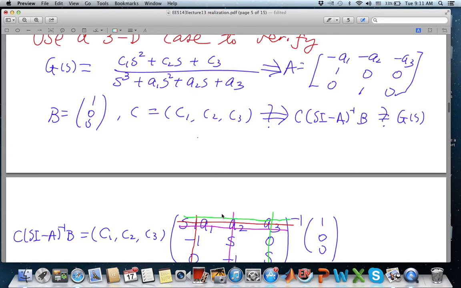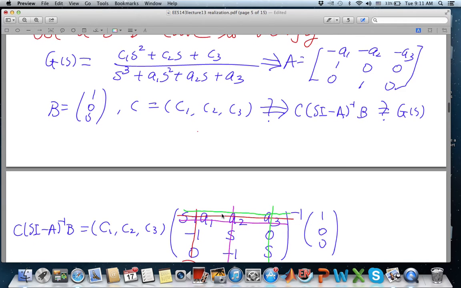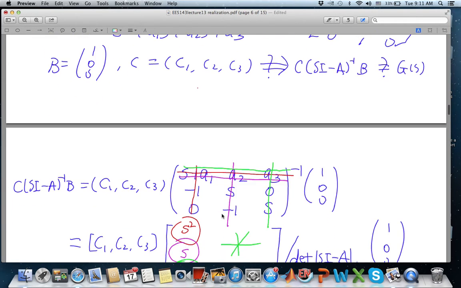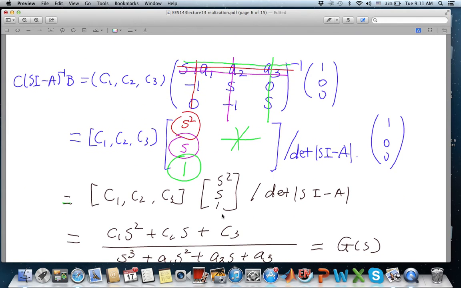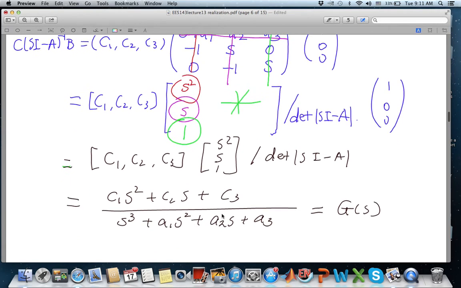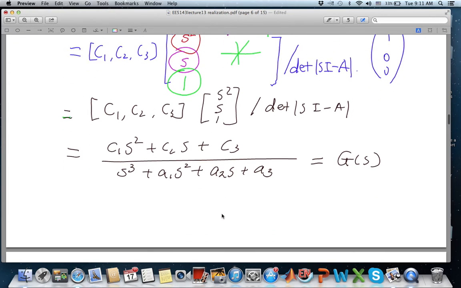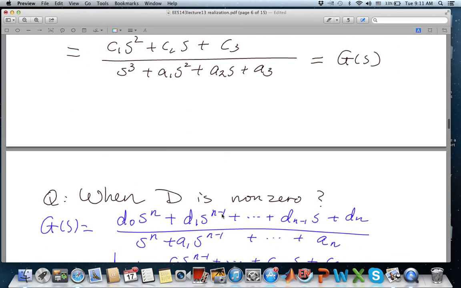You may ask why the determinant of sI minus A is this one. I think I showed you once in my last lecture, which was the decomposition problem. If you don't get it, we can practice after class, or you can visit me during my office hour.